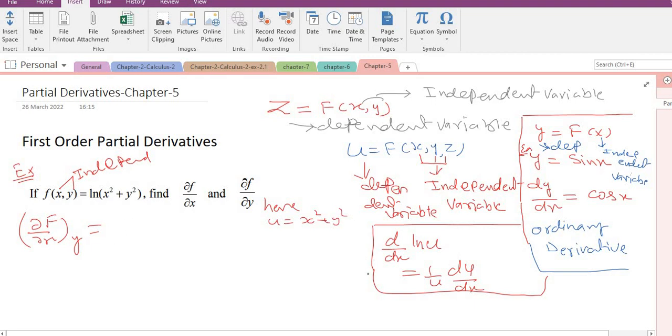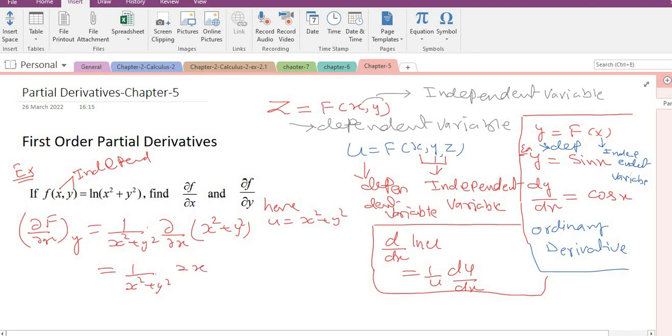So just put that in: ln of u, where u means x square plus y square. So 1 divided by u, that means 1 divided by x square plus y square, into del x of u. I am writing x because he is asking with respect to x. Del x of x square plus y square means 2x.